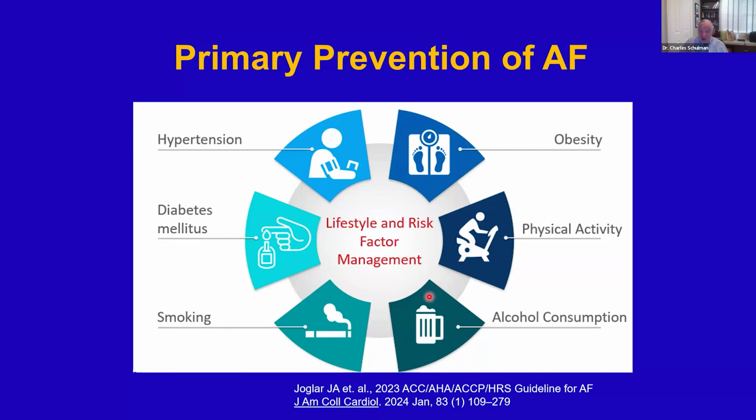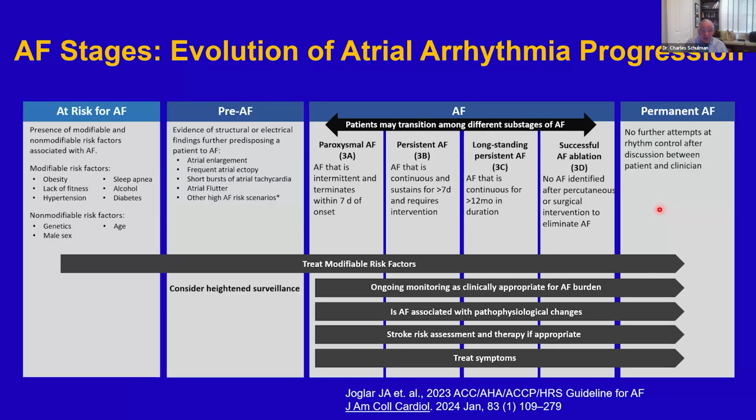And so the guidelines recommend it. You don't need a guideline to recommend that you treat these, but in the context of AFib, treating these will hopefully prevent the formation of atrial fibrillation.